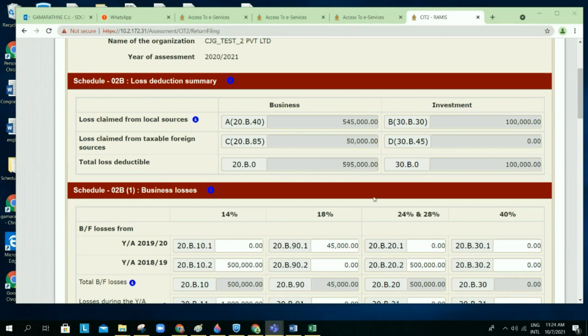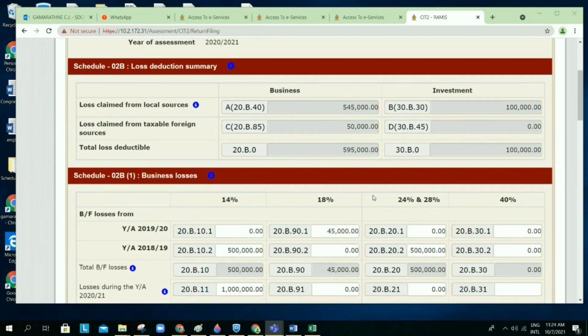Actually, in this development, a little bit complex part is filling the loss schedule, schedule 2B. We tried to minimize the complexity by using technology.